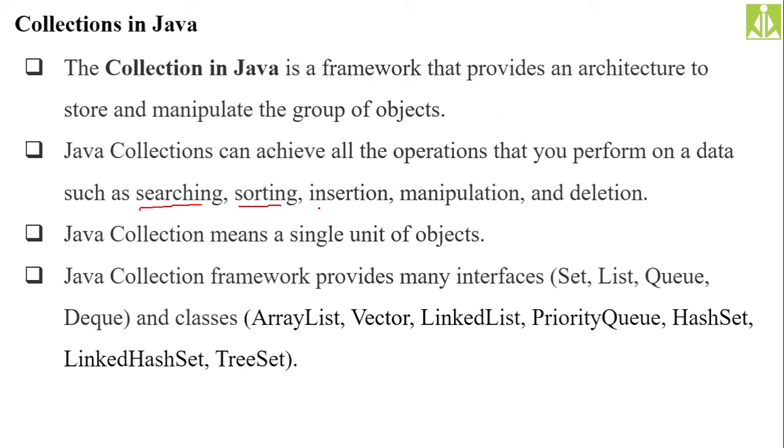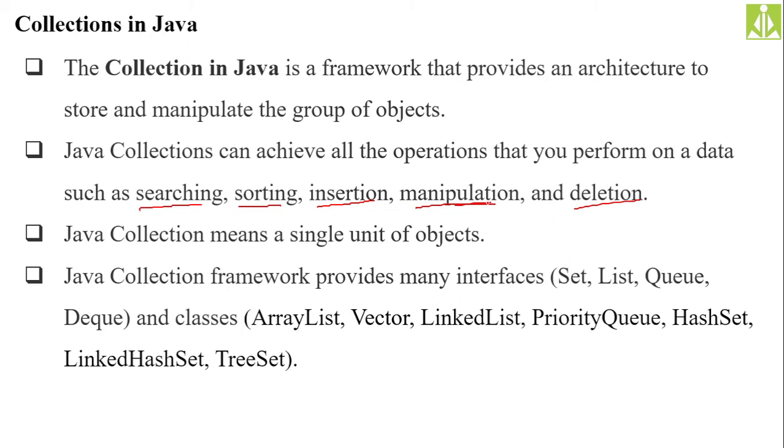If you want to add more elements, the collection should support insertion. If you want to do some calculations on the elements, the collection should support manipulation. If you want to remove elements from the collection, it should support the deletion operation. So these are the basic operations which we are expecting from the collection.